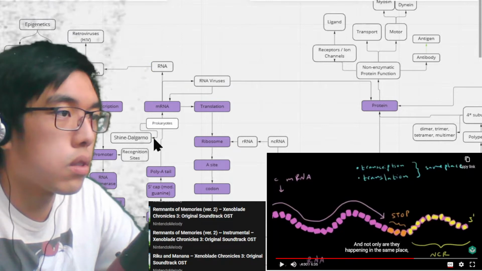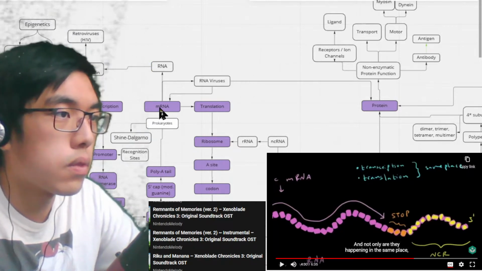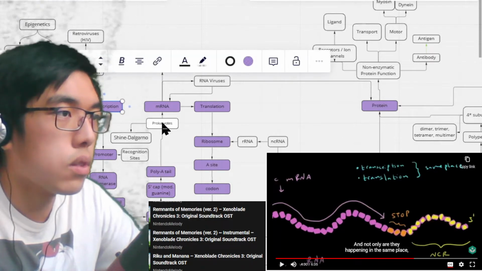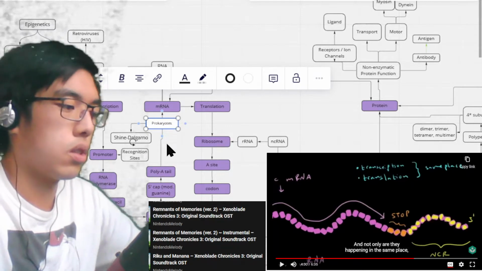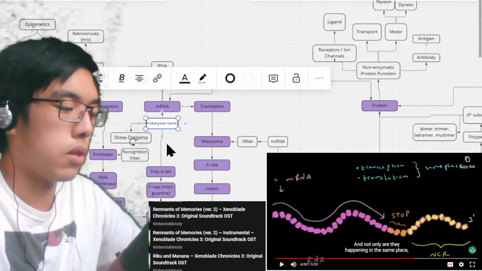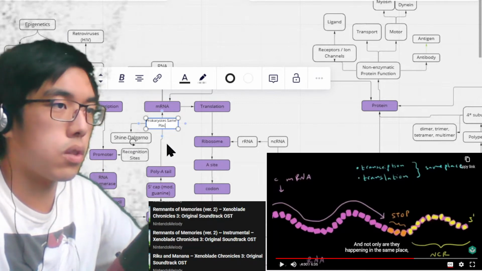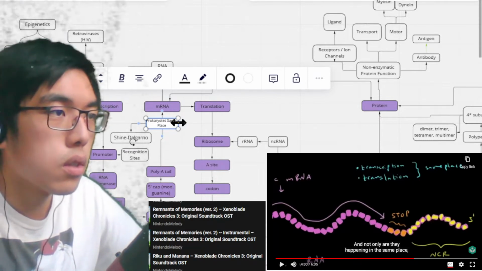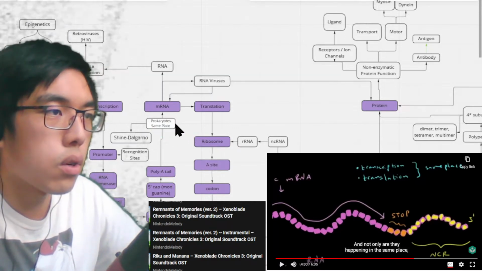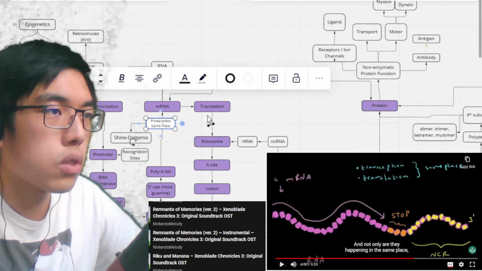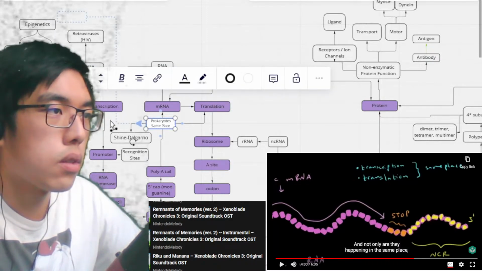Okay, this goes here. Transcription, translation. Same. I'll just stick with what they said. Same place for translation and transcription. Boom and boom.